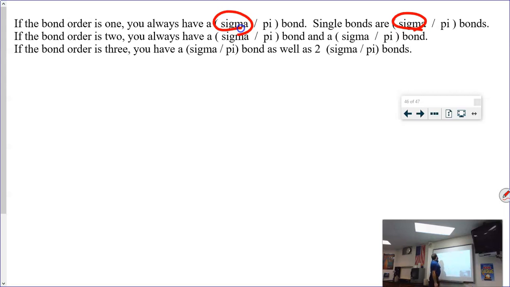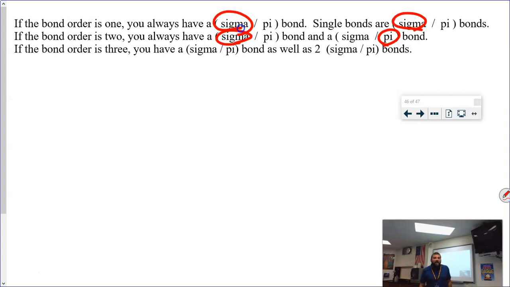If the bond order is 2, you always have a sigma bond because the first one is always sigma. And you have a pi bond. Okay? Bond number 1, the first bond between any two atoms in any molecule anywhere, is always what we call sigma.